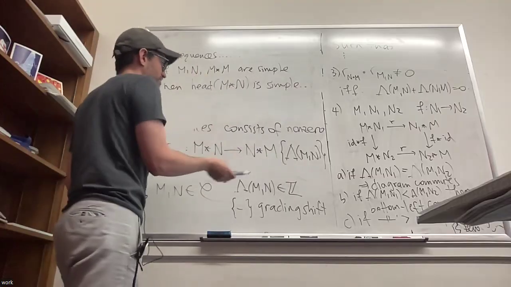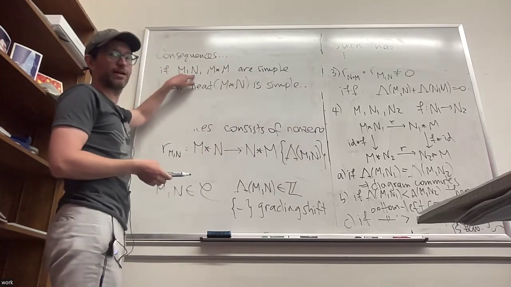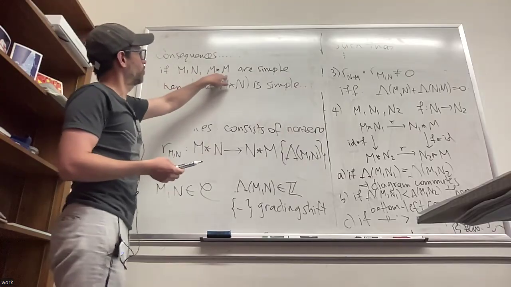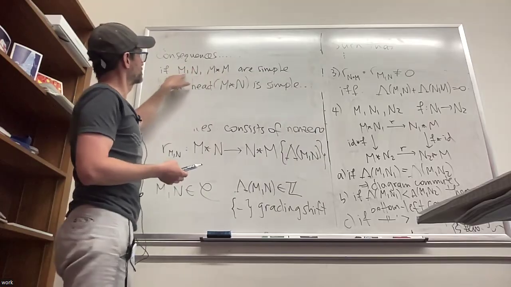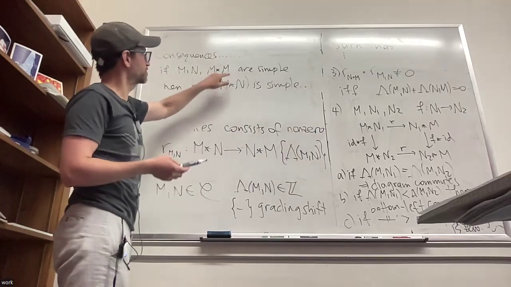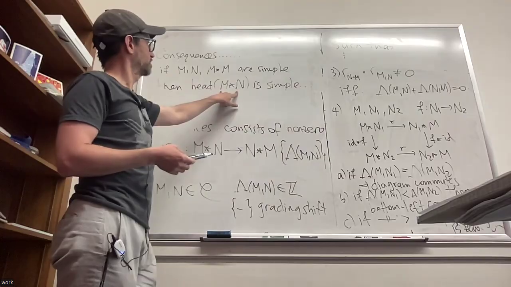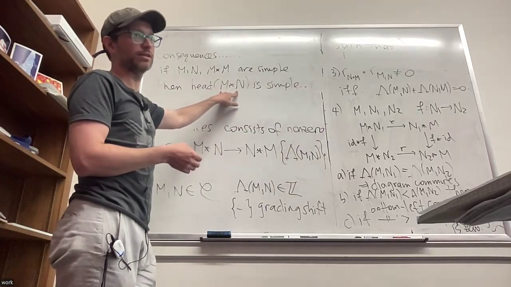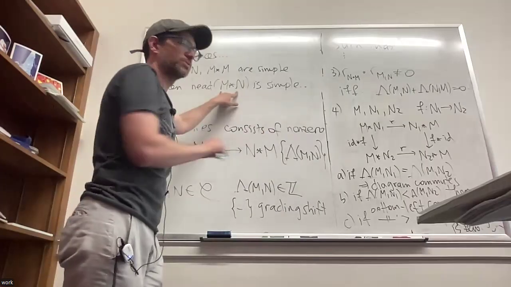As a consequence of having this extra structure of renormalized R-matrices, the claim is that if you have two objects, M and N, such that they're simple, and moreover one of them is what's called real simple, namely not only is it simple, but its composition with itself is still simple, then if you take the product of M and N, you can look at the head of that, meaning the direct sum of all the simple quotients.